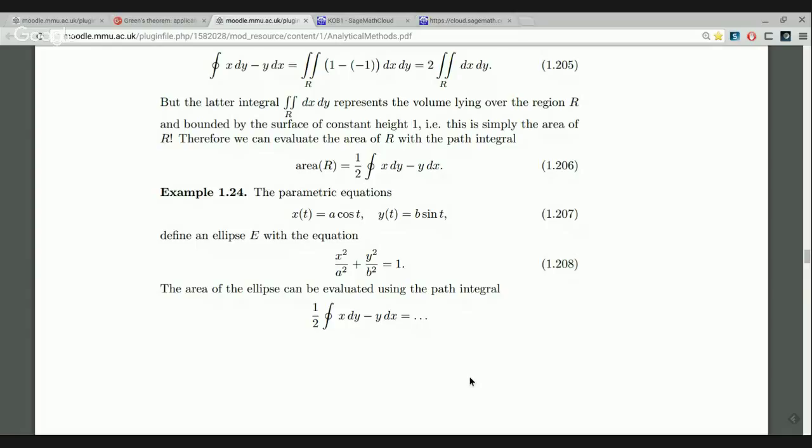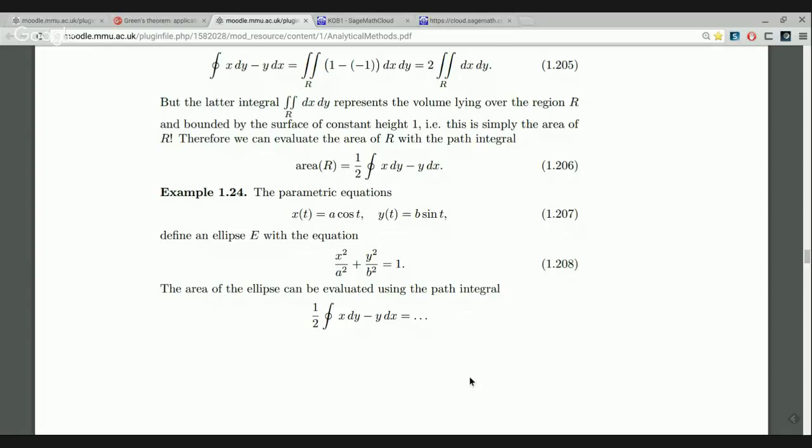x is a cosine of t. dy, well, y is b sine of t, so dy is going to be b cosine of t dt. And then we subtract y, which is b sine of t, multiplied by the differential dx. But if x is a cosine t, then dx is going to be minus a sine of t dt.